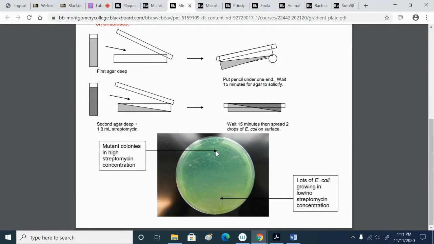So what we've demonstrated is that in that population of E. coli, in that culture that we used, there were already some cells that had some resistance to streptomycin. It's just an ordinary culture of E. coli; we don't do anything special to it. We just grow it as we need it, and then we spread it on the plate.